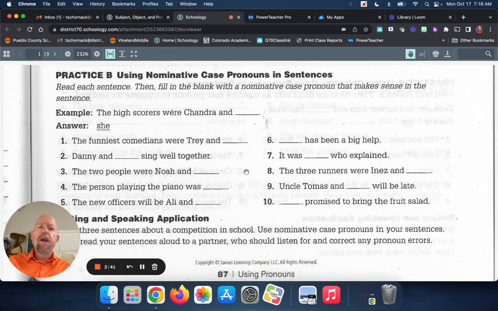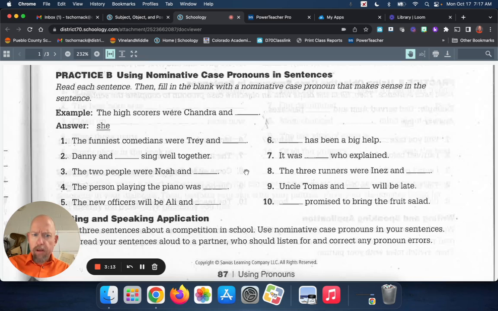And then for part B, use one that would best finish the sentence. The funniest comedians were Ted and, now would you say Ted and I? Would you say Ted and she, Ted and he? Yeah, and those are more subjective. Interesting that we use that word. So you could use many different cases in that.